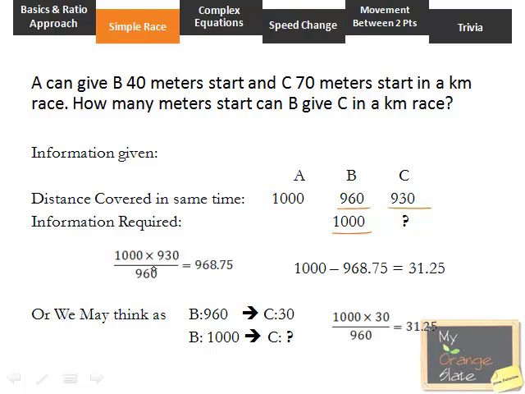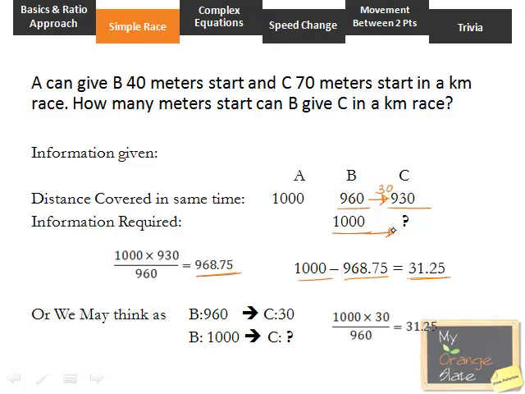And we can resolve this calculation and get 968.75 as the answer. Subtracting this from 1000, we get 31.25 meters start that B can give C in a kilometer race. Or instead we can think a little differently to minimize calculation: in 960 meters we can give C 30 meters start.